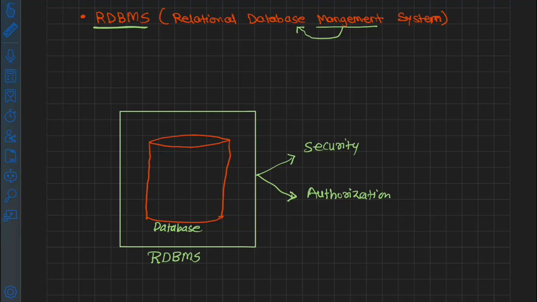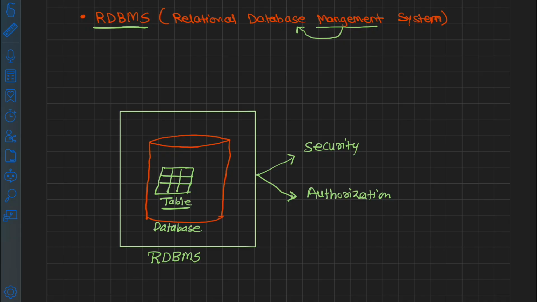This is the second point related to RDBMS. And the third point, which is most important, is that in RDBMS we store the data in table format. This is our third point related to RDBMS.